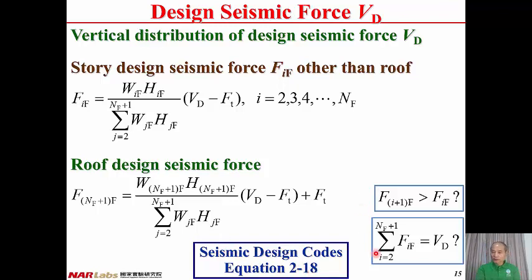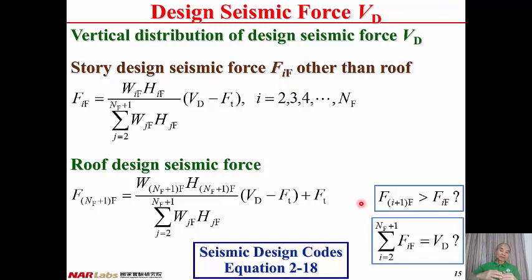Then we have two questions here. The first question is, is Fi plus 1 F always larger than FiF? That is, is the design seismic force at the i plus 1 floor always larger than at the i floor?